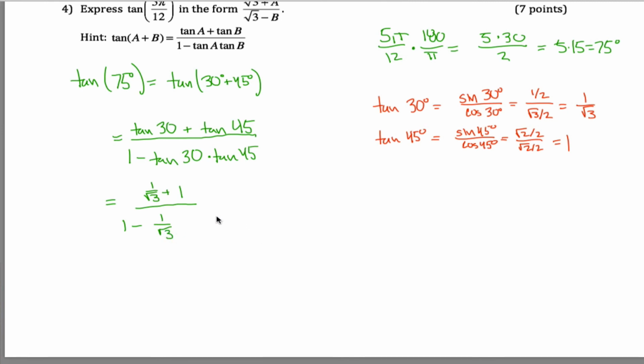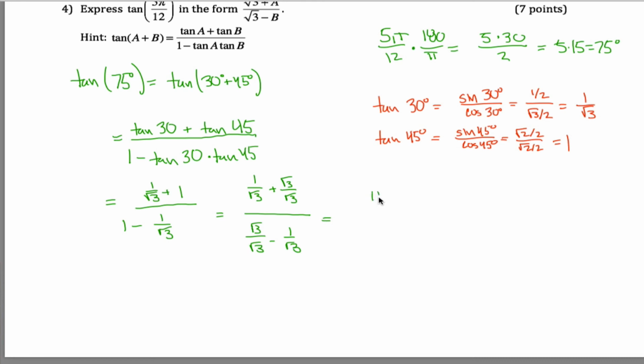So the way I have this written right now is it is close to this form, but not quite there yet. But I think I can get it into that form if I wrote it more as a fraction. So let's do that. Let's get a common denominator. I got 1 over root 3 plus root 3 over root 3 in the numerator. And in the denominator, I got root 3 over root 3 minus 1 over root 3.